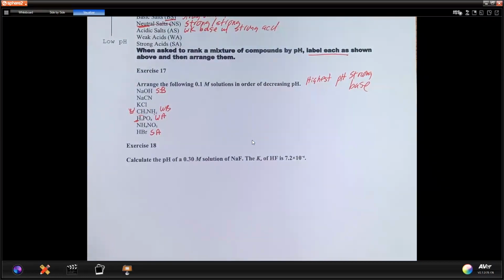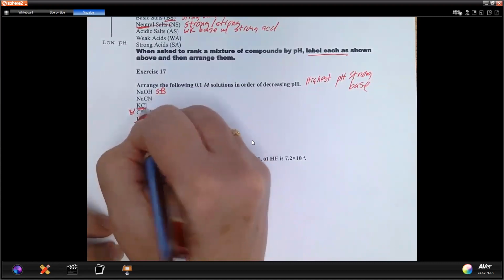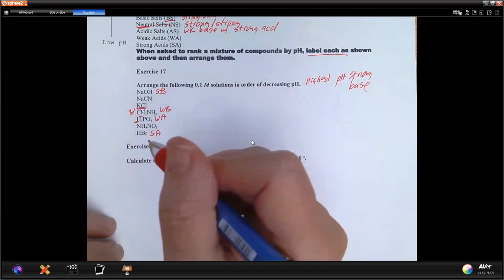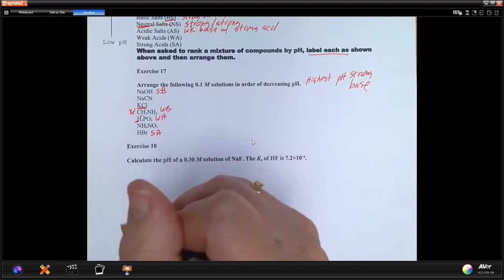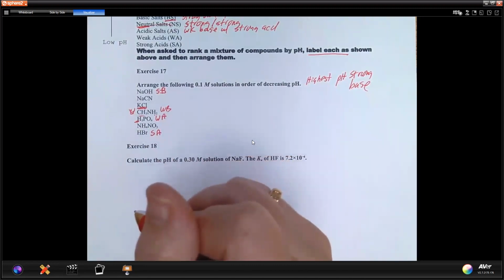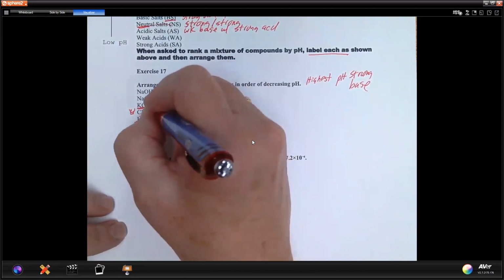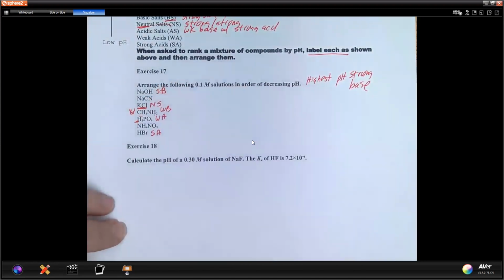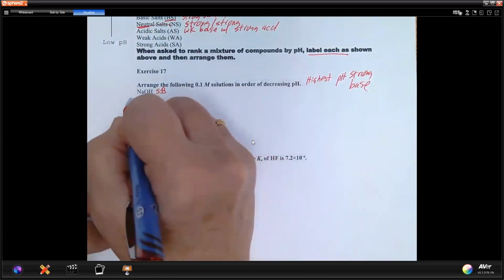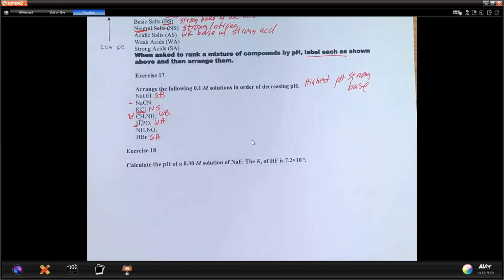So now I have to start dealing with my salts. This salt right here would have come from potassium hydroxide, a strong base, and hydrochloric acid, a strong acid. So this would be a neutral salt. NaCN would have come from sodium hydroxide, a strong base, with HCN, hydrocyanic acid, which is a weak acid.